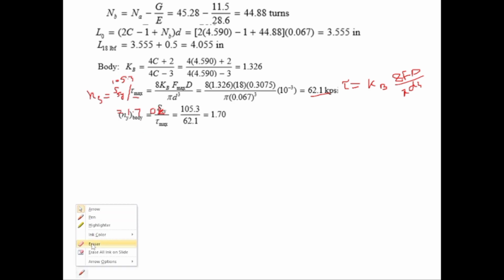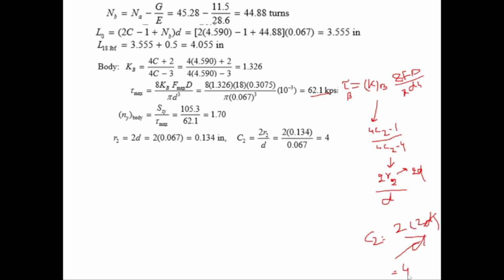Now let's check the factor of safety at critical position B, where torsion will occur. For that, tau B is equal to Kb into 8FD divided by pi d cube, but this Kb is different from the Kb for the body. This Kb is equal to (4C2 squared minus C2... ) that is, (4C2 minus 1) divided by (4C2 minus 4), and C2 is equal to 2R2 divided by wire diameter d. In the problem statement R2 was given to be 2 times the wire diameter, so put R2 equal to 2d; the d's cancel out, so C2 is equal to 4.